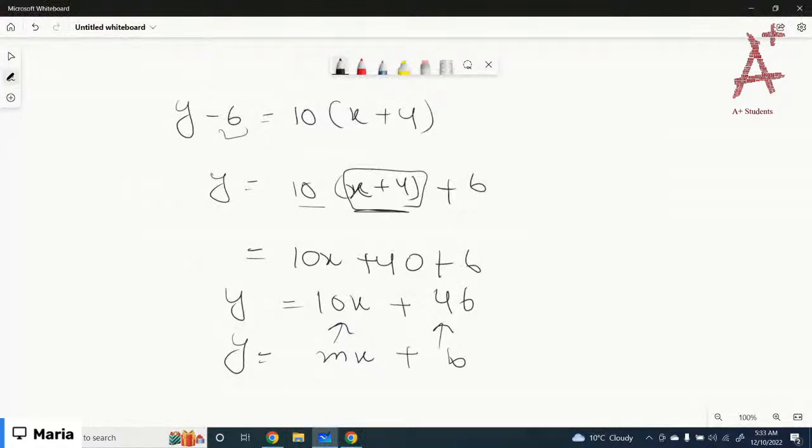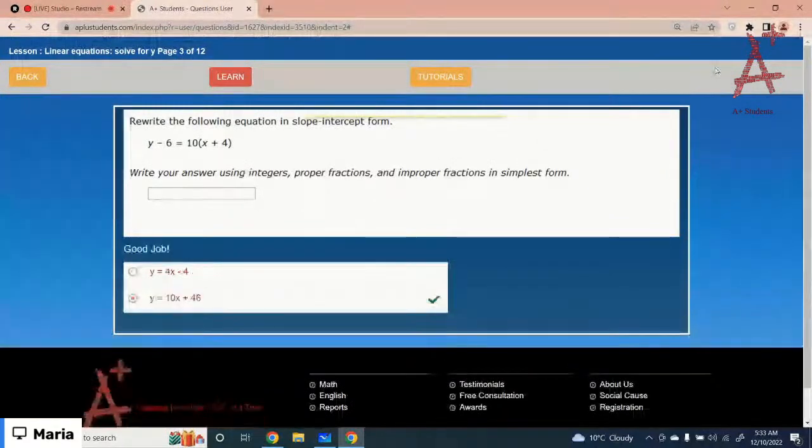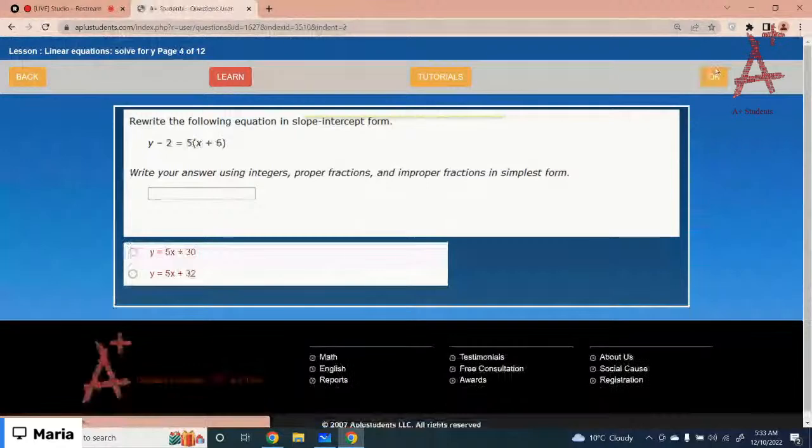Got it? So just select the correct option, then move on to the next question. Okay, the next one is y minus 2 equals 5 times x plus 6.